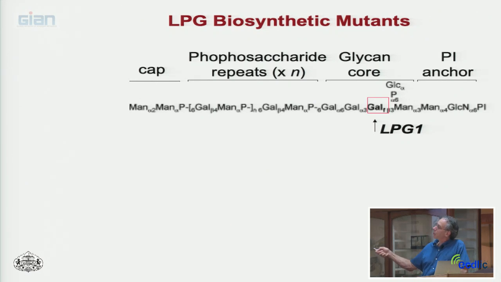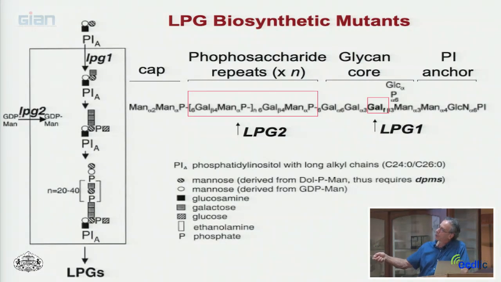In this case, LPG1 was knocked out for the galactofuranosyl transferase that is required to put this galactofuranose structure on the glycan core unit. And they also knocked out a gene called LPG2, which is a transporter for GDP-mannose, the precursor sugar required to get into the Golgi to build this phosphodisaccharide repeat unit structure.